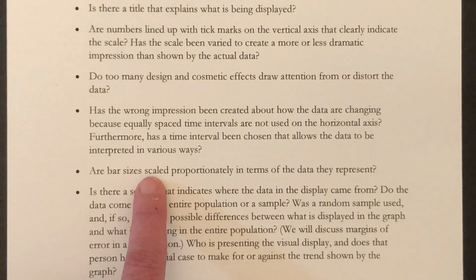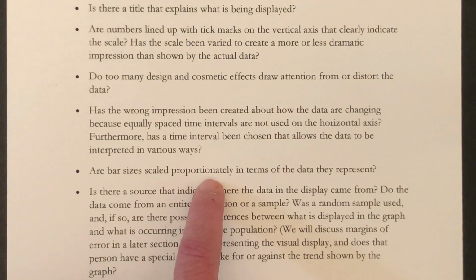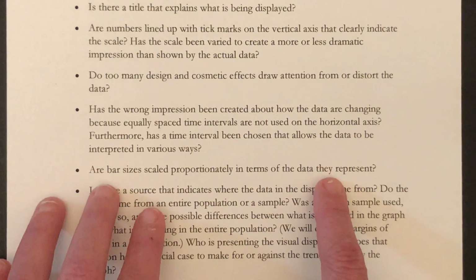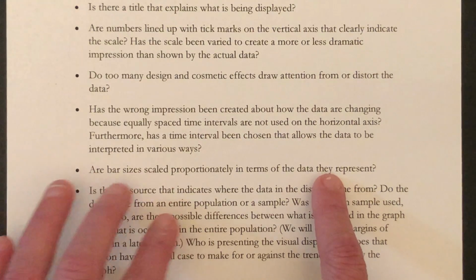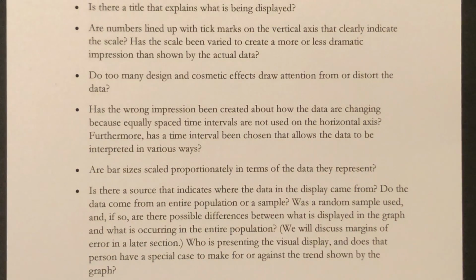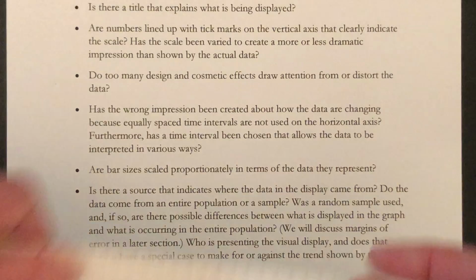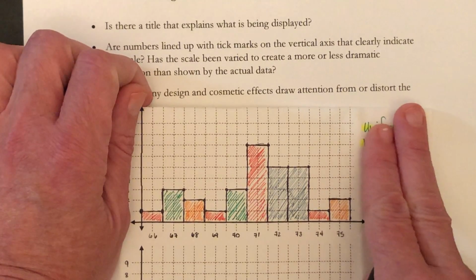Are bar sizes scaled proportionately in terms of the data they represent? Now, this can be a little bit tricky because when we did the histogram, our bars did vary proportionately, but one of the things that was really important is that all of them were the same width.